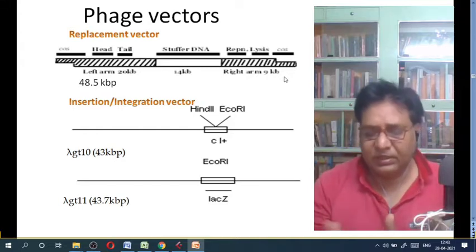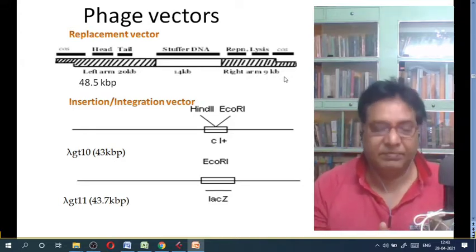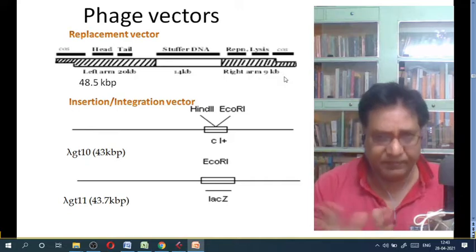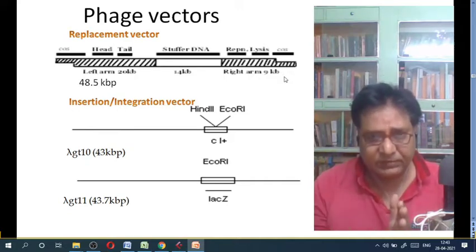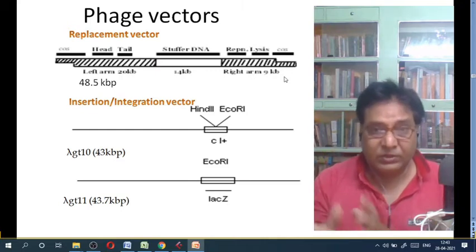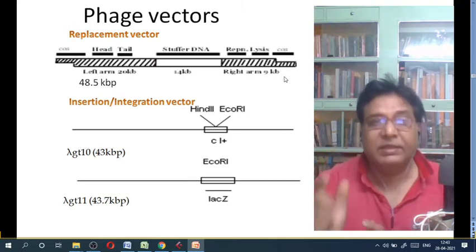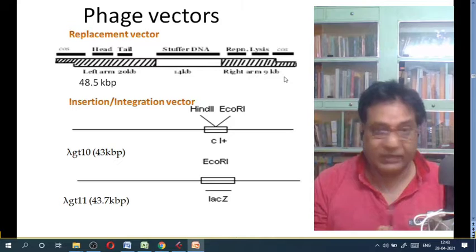It may go down to 38 kb, or up to 53, 54 kb maximum. But in general, if the distance between 2 cos sites is within the 40 to 50 kb range, only then is the genome going to be packaged, otherwise not.